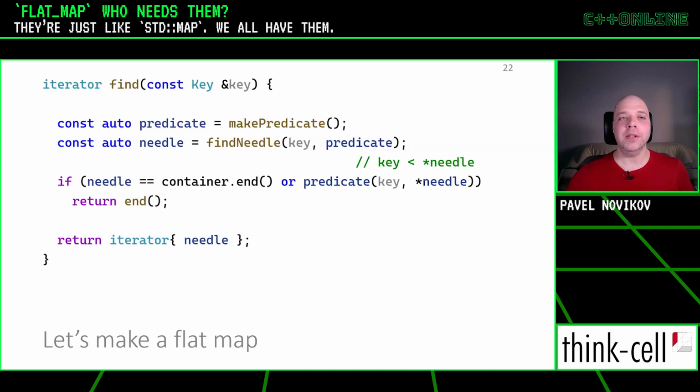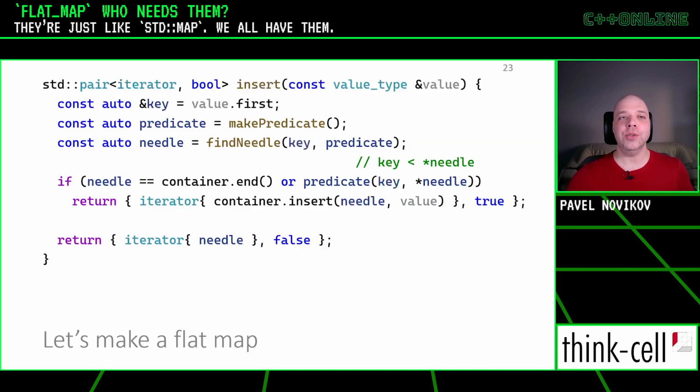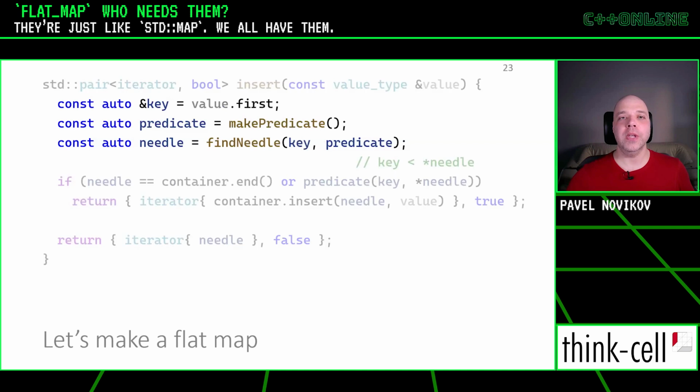Now we can take our find function and turn it into an insert function. Here we have a very similar scenario. We get the key from the value that we want to insert. We get the predicate. We try to find the needle.